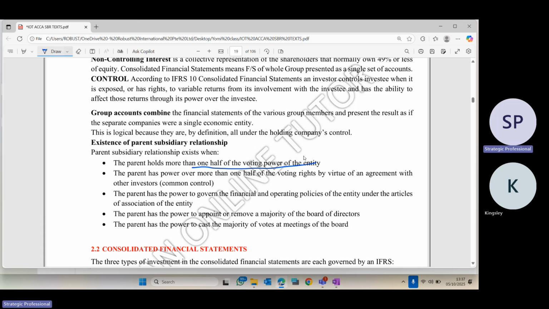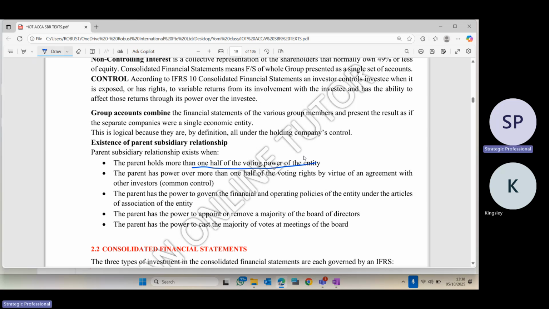The parent may have more than one half of the voting rights by virtue of agreement. At times the parent may not necessarily hold one half directly, but it may be the combination of other shares that results in that one half. Either way, so far it is one half, it can be termed a parent company.